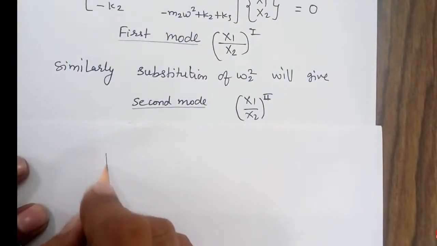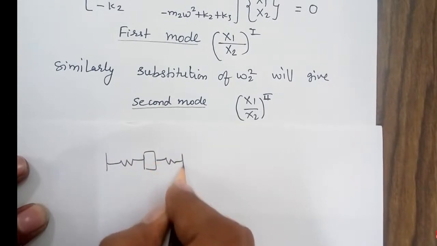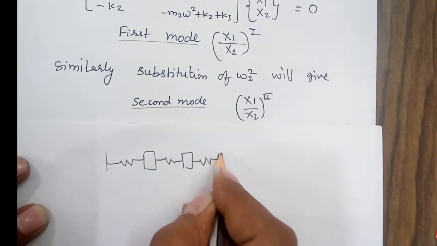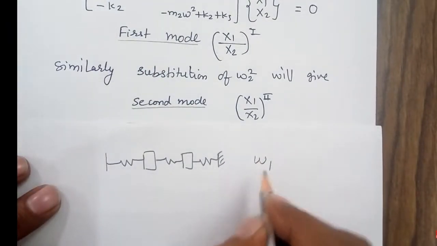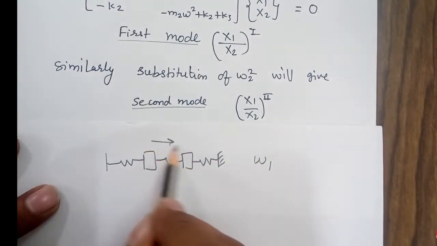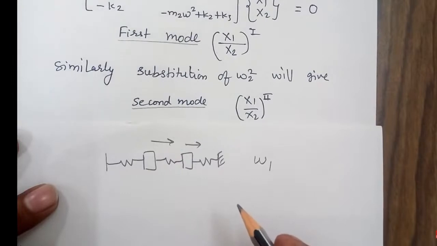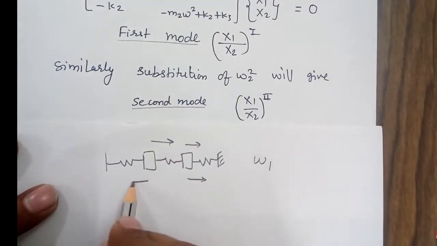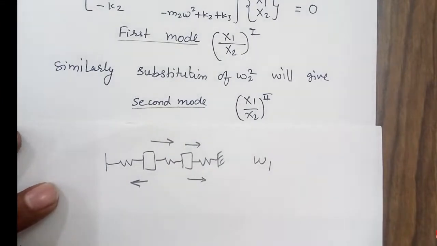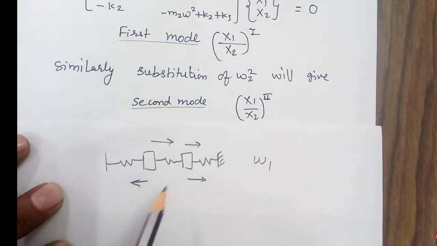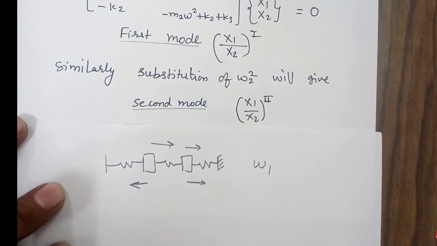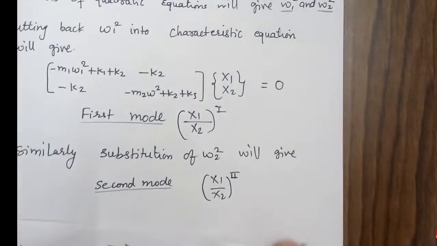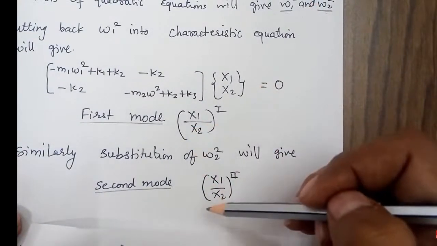If I have a system with two masses connected with three springs, and it is vibrating with the omega 1 frequency, the two masses will move in a particular fashion, and the other configuration is that the two masses will move in opposite directions. At most, from this two mass system I can get these two different configurations, or otherwise a combination of these two configurations. These two particular configurations, which are unique for a particular frequency, are known as the mode shapes.